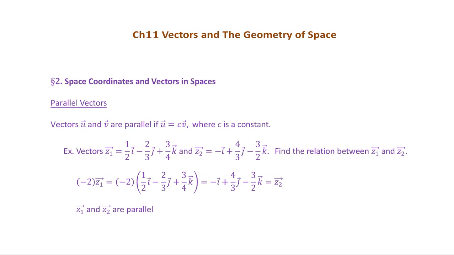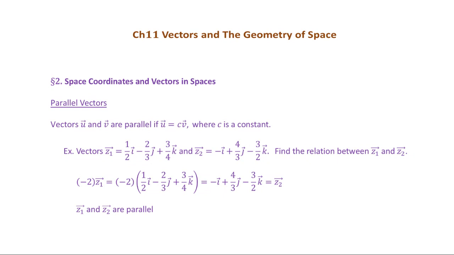If you multiply -2 with z1, then you have to multiply -2 to each component of z1. So you just distribute -2 to each term in the component form of z1. -2 times half, you get -1, right? -2 times -2 over 3, you get 4 over 3.